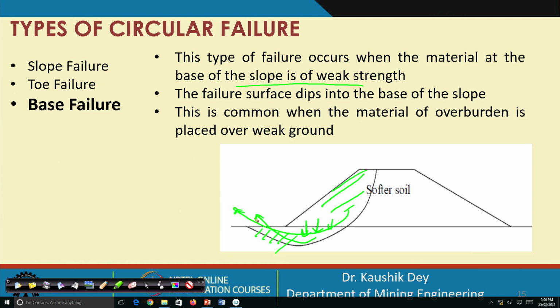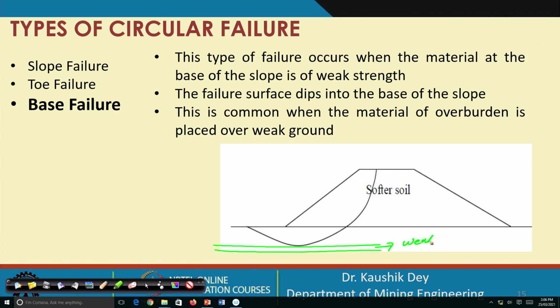So, this is called base failure. Base failure often occurs if this portion of the slope is very soft, or there is some very weak layer. If weak layers exist below the ground, then this type of failure may occur, that is called base failure.